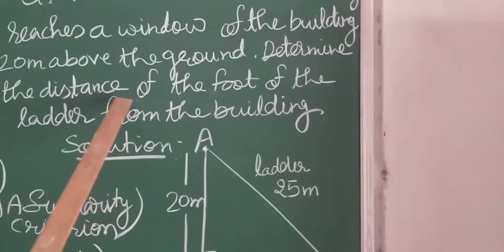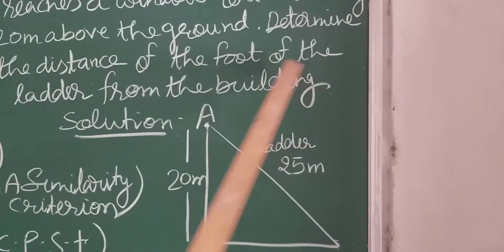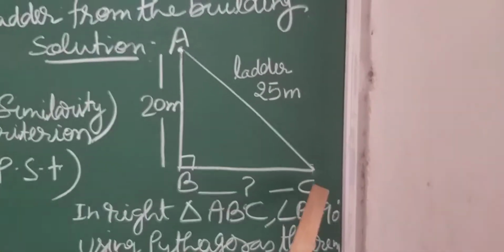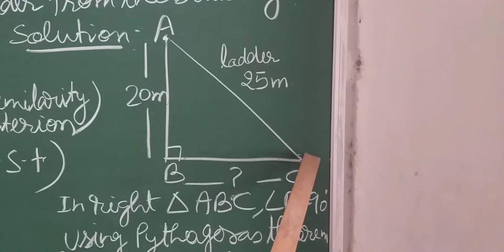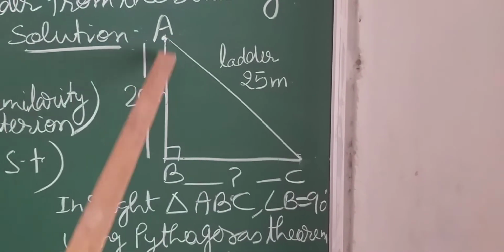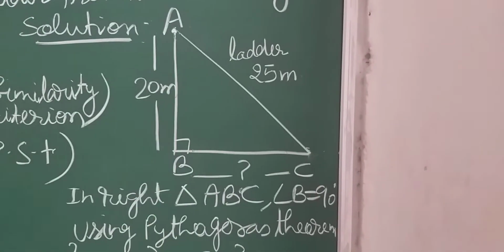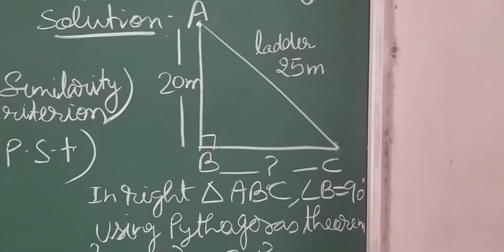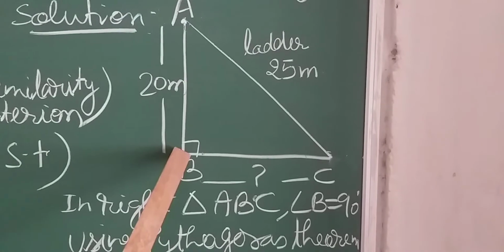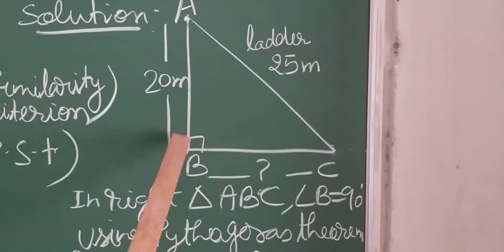We have to find the distance of the foot of the ladder from the building. So this is the foot of the ladder, student, and this is the building. So we have to find out BC. The angle between building and ground is 90 degrees, student.